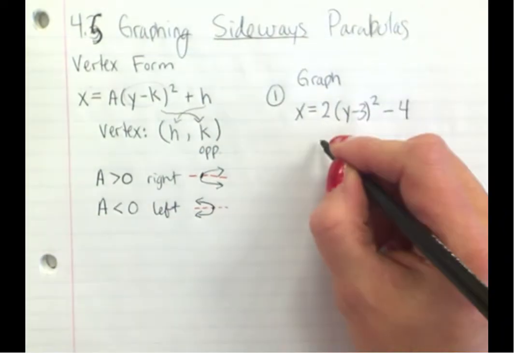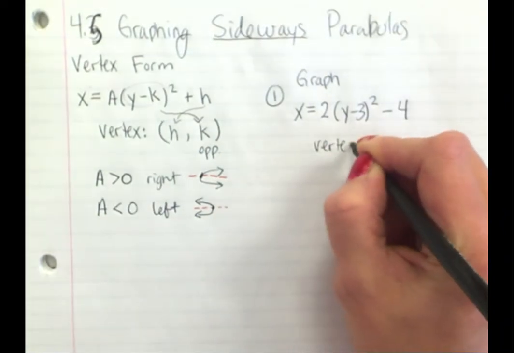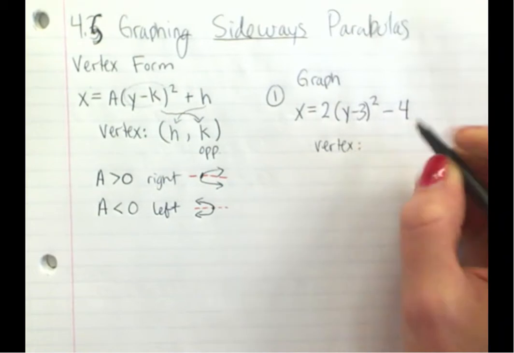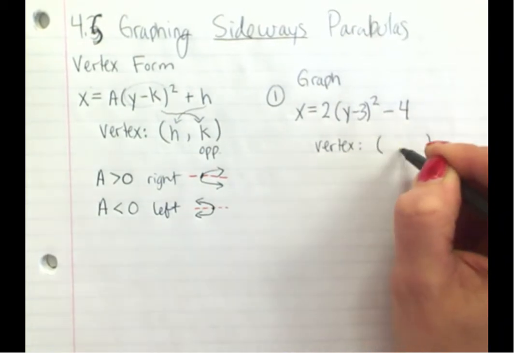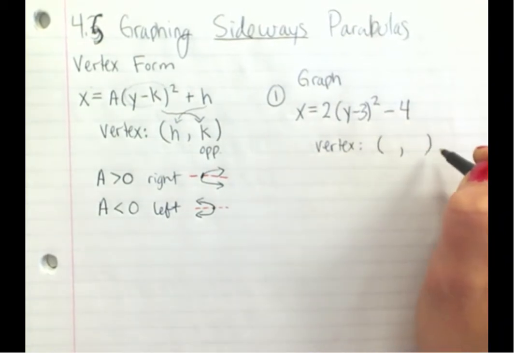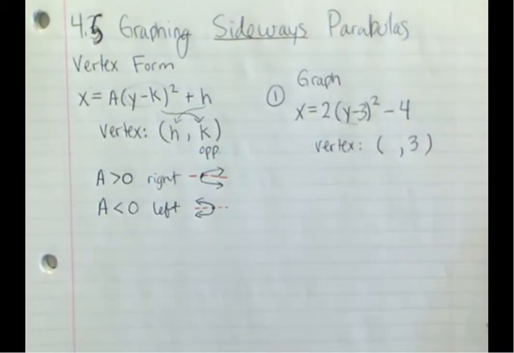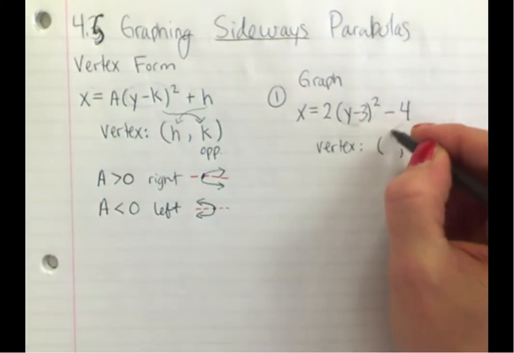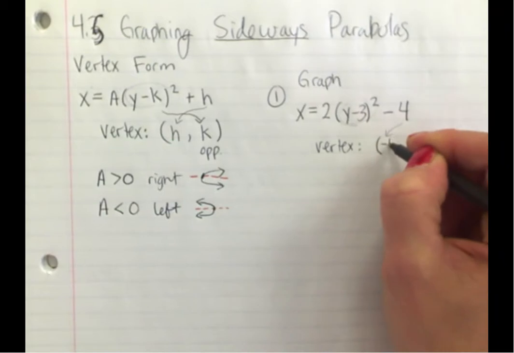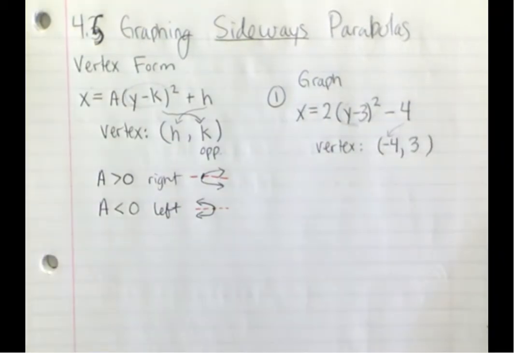First thing I'm going to do is write down where my vertex is. Slowly. I wrote down the y-coordinate first in the y spot and its opposite. And then it's a whole lot of switching going on, which makes sense. You say it, but slow down and write it.